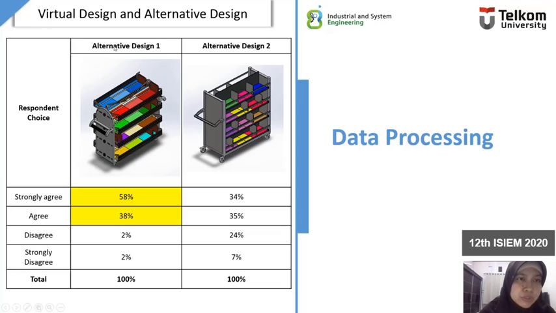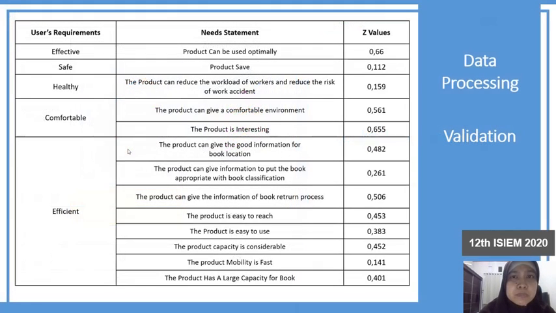The respondent then choose the alternative design one. Like we can see in here, they strongly agree at about 58%, and then the agree is 38%. So respondent choose the alternative design that we can see in the presentation.